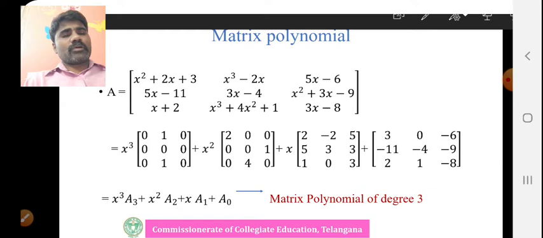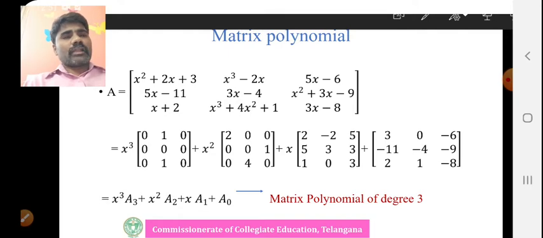Here the elements of the matrix are of degree at most 3, then we get a matrix polynomial of degree 3. This way we can represent matrices whenever the elements are polynomials in x.